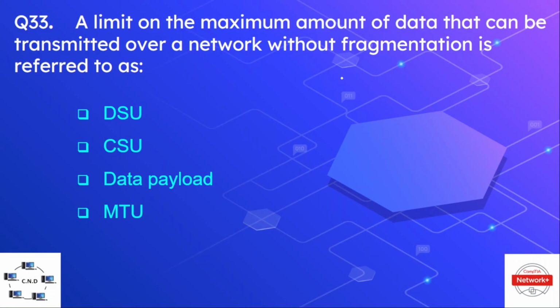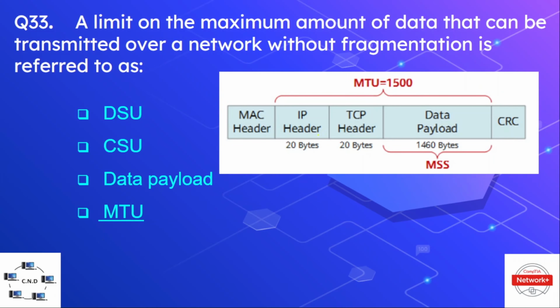Let's get to the next question: a limit on the maximum amount of data that can be transmitted over a network without fragmentation is referred to as, and the options are DSU, CSU, data payload, and MTU. The correct option is the MTU, or maximum transmission unit.